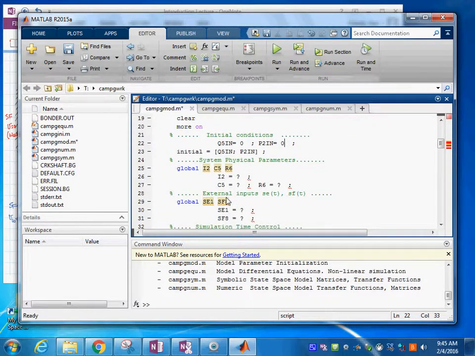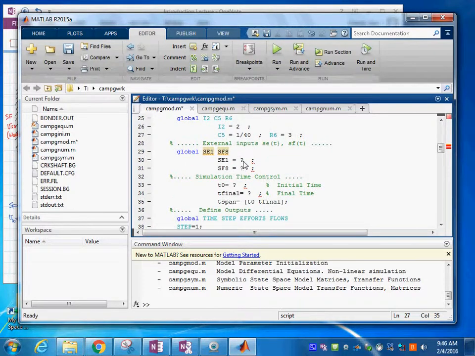Then you have the values of this. Maybe let's do this as a 2. C is 1 over the stiffness here, so it's 1 over k, so like 1 over 40 or so. And then you have the R element, maybe 3. So I'm putting some reasonable numbers so that I can get a response.